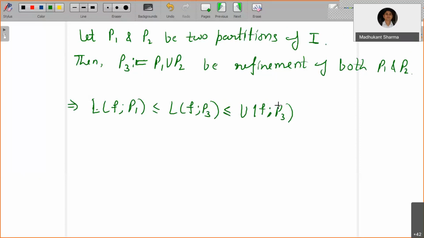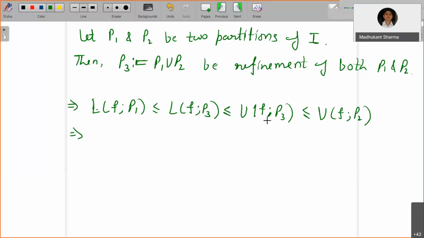And since P3 is also a refinement of P2, it is less than or equal to UFP2. I'm not using that P3 is a refinement of P1, where UFP3 is also less than or equal to UFP1.